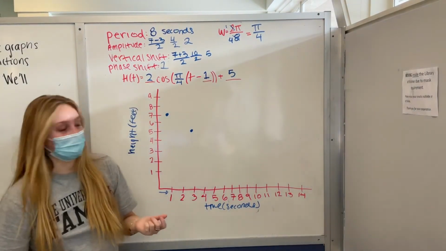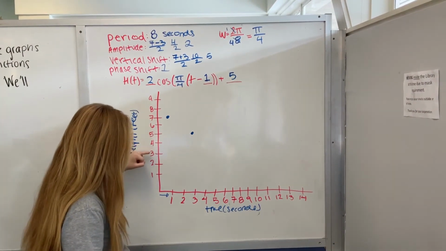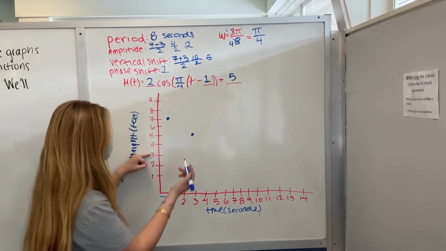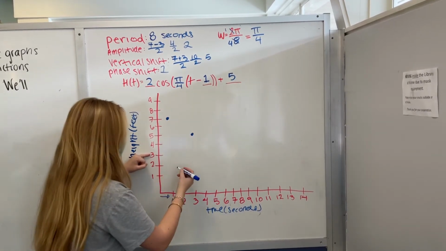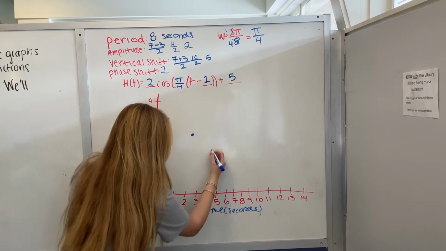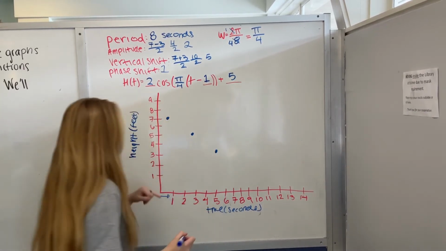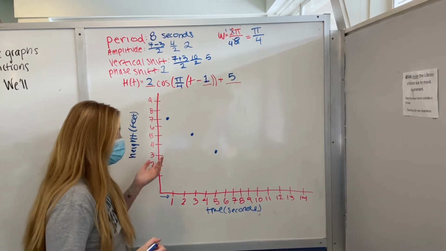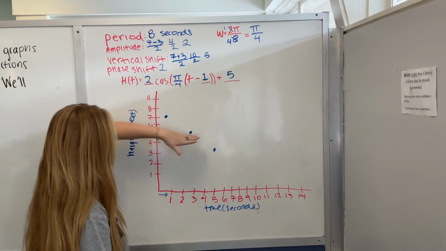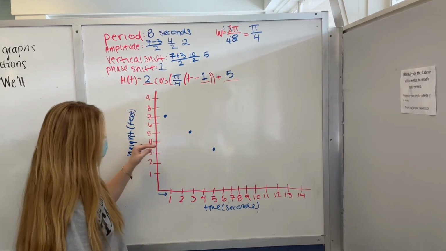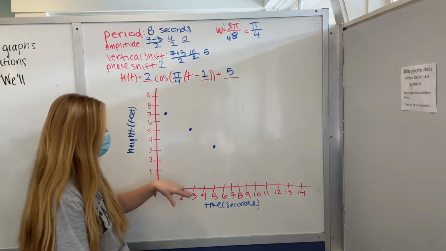I'm just skipping lines. And then we're going to go another 2 down because this is our middle, so we need to subtract 2 as we added 2 up top. And that will give us right here. And then we are going to do the same, just going back up, because now that this is our vertical shift in our midline, we're not going to have to go down to the minimum.